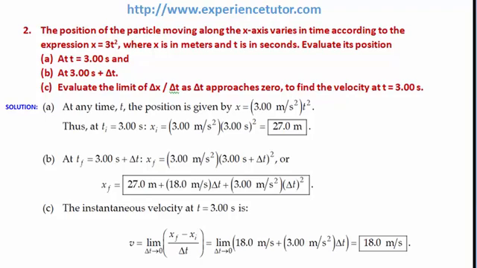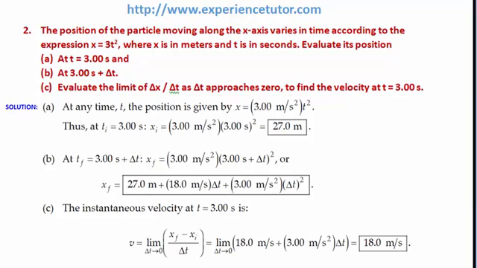B. At t final is equal to 3 plus delta t, so x final is equal to 3 times 3 plus delta t whole square, which is equal to 27 plus 18 delta t plus 3 delta t square. This is the final position.